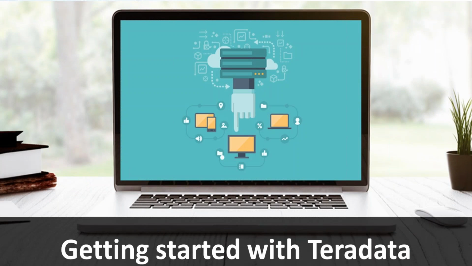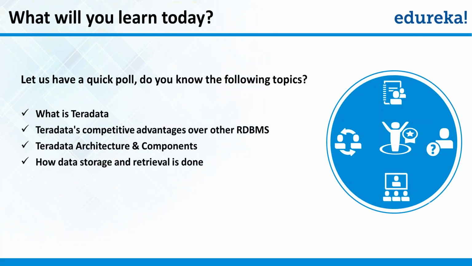Now let us directly jump into the presentation. So getting started, right? So this is the objective. I think everybody knows what Teradata is. For those who don't know, it's a massively parallel processing system, currently the market leader in the data warehousing space, right?